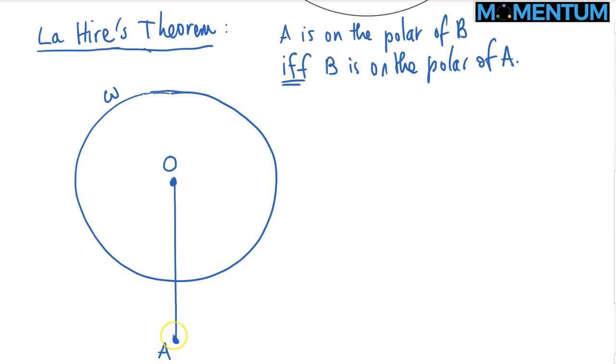The polar of a point A is just the perpendicular line drawn at the inverse of that point. If you call this point the inverse of it, it's this line over here. We usually represent it with the symbol A perp, where A and A prime are inverses of each other with respect to omega.